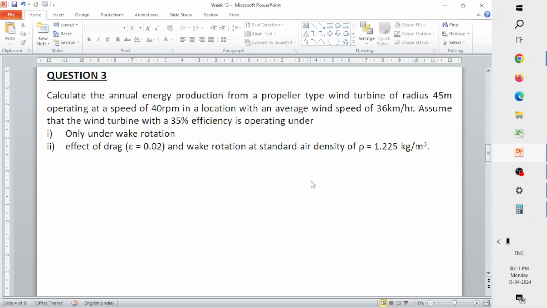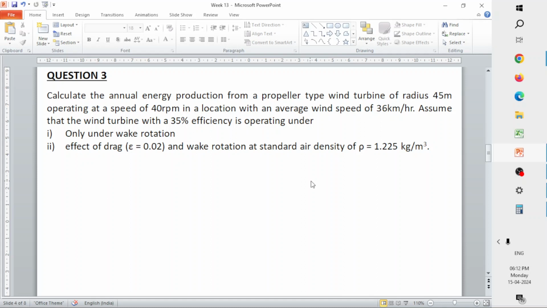They are asking you to calculate again the annual energy production, and here they are using a propeller type wind turbine, and it has a radius of 45 meters and it's operating at a speed of 40 rpm, that is 400 rotations per minute, and it is placed in a location which has an average wind speed of 36 km per hour.